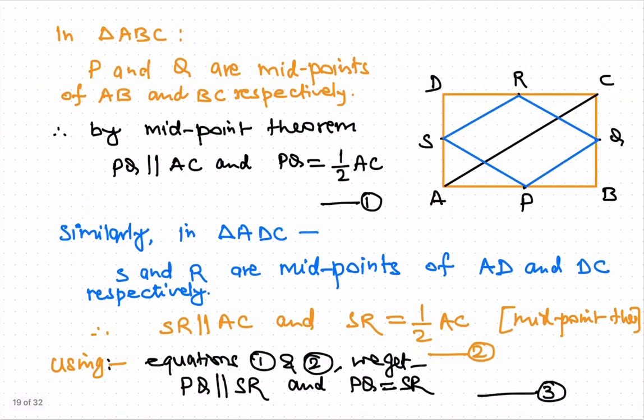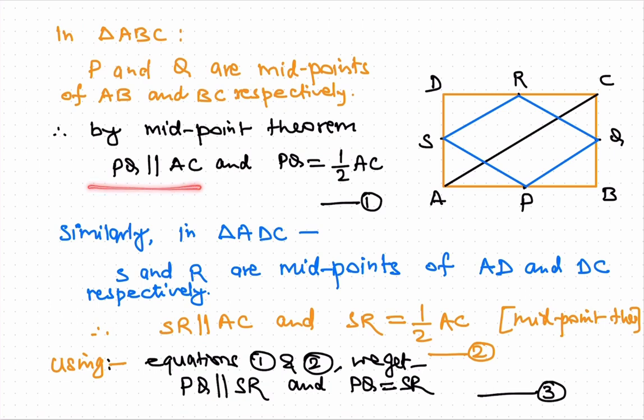Now in the triangle ABC, this triangle, P is the midpoint of AB, Q is the midpoint of BC. Therefore, by the midpoint theorem, this PQ becomes parallel to AC and also equal to half of AC.